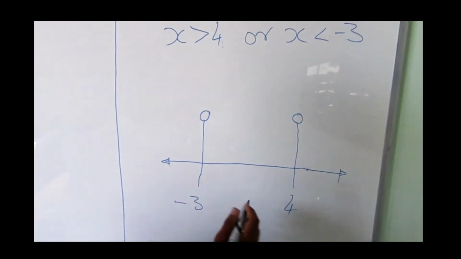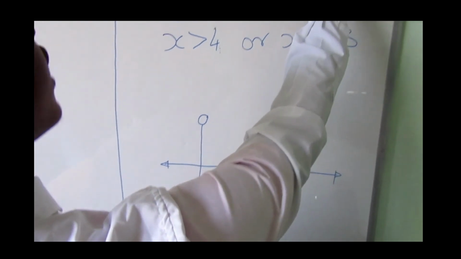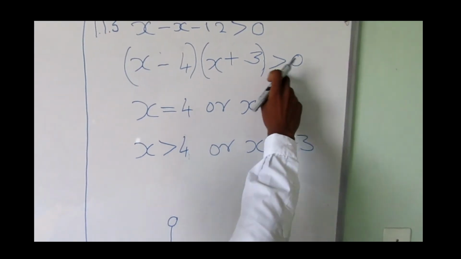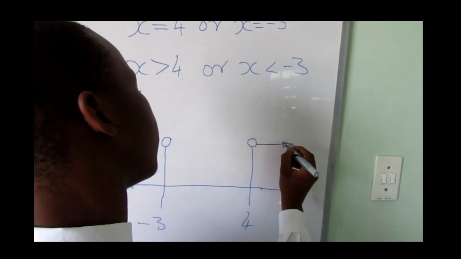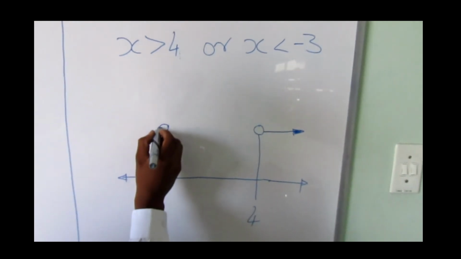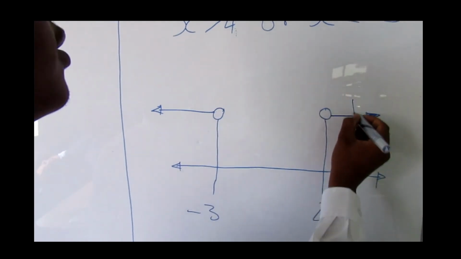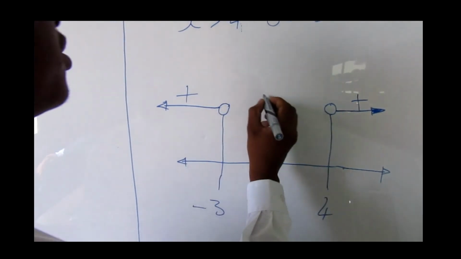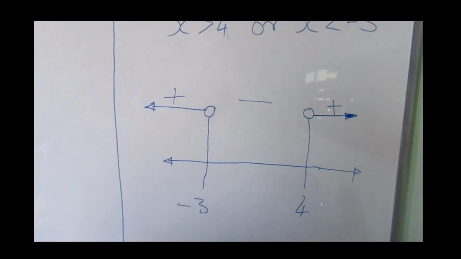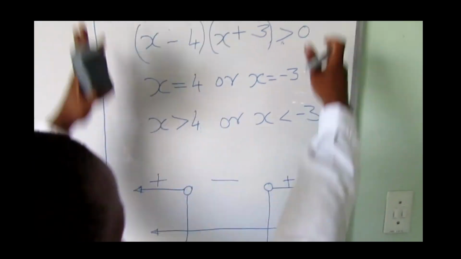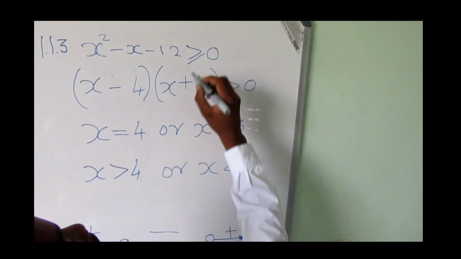Then when we arrive here, because this sign is going outside, we are going to draw these lines, then we put positive, we put negative. So we are done.